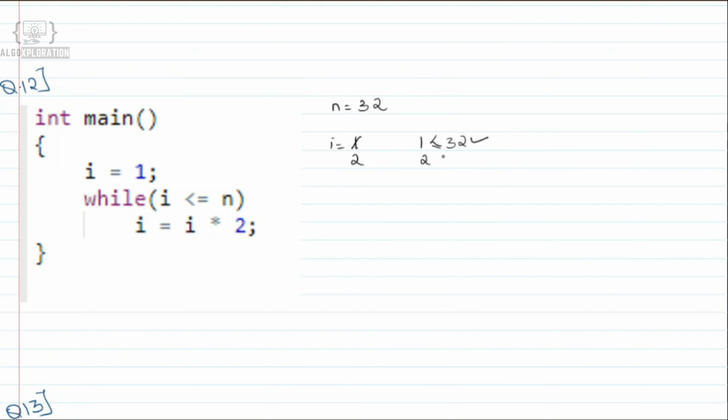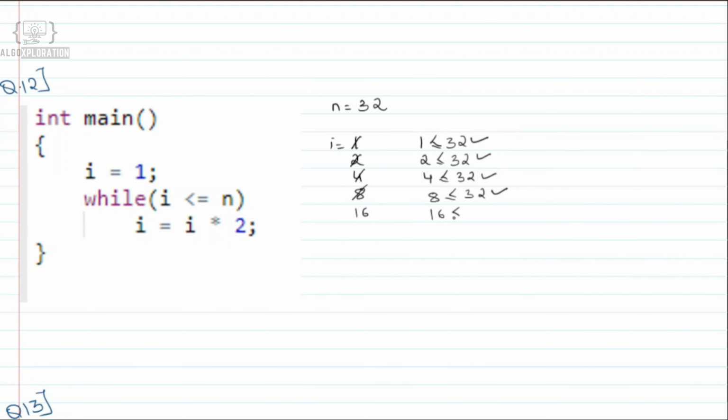Now 2 is less than 32. Yes, it is. So we will multiply i by 2. So 2 into 2 will be 4. Is 4 less than or equal to 32? Yes, it is. So again multiply by 2. So it will be 8. Is 8 less than or equal to 32? Yes, it is. Then multiply by 2 again.